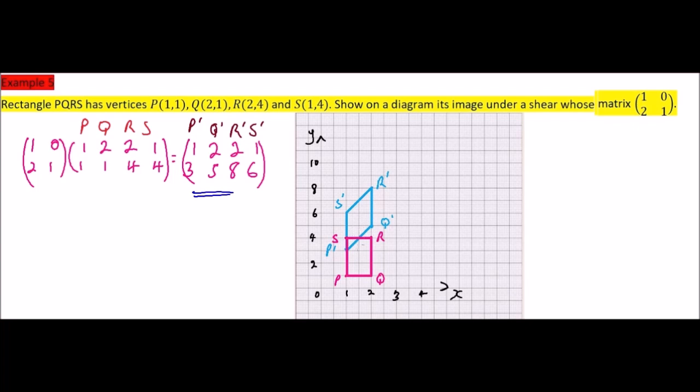If we drop line PS, it will meet its image at PQ, and if we drop RQ, it will meet with R prime Q prime at line PQ. So to describe this, we say PQ is the invariant line.